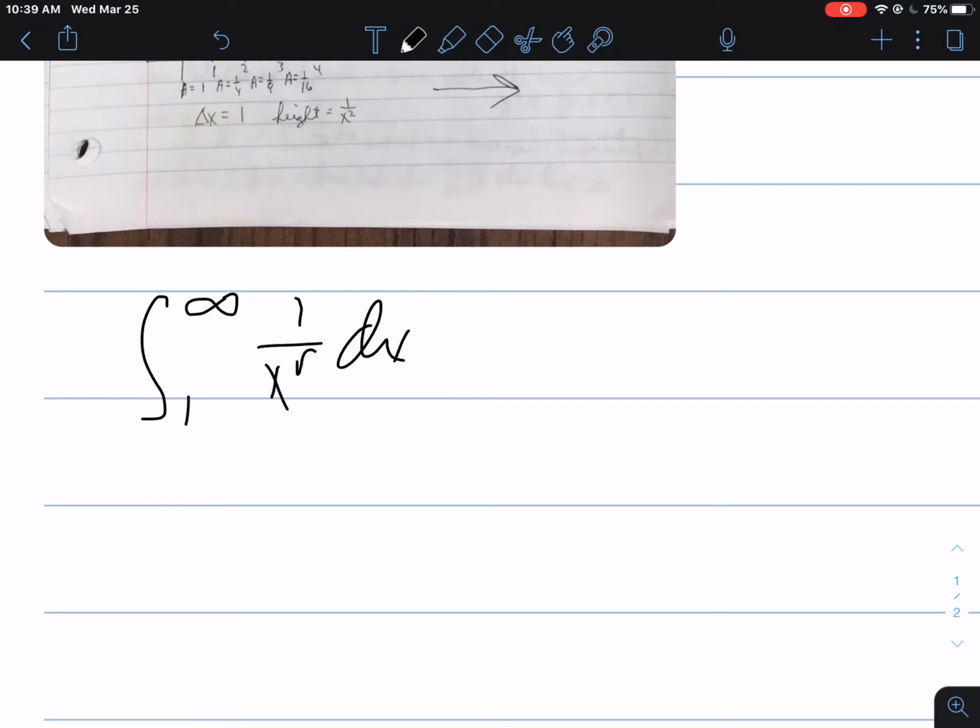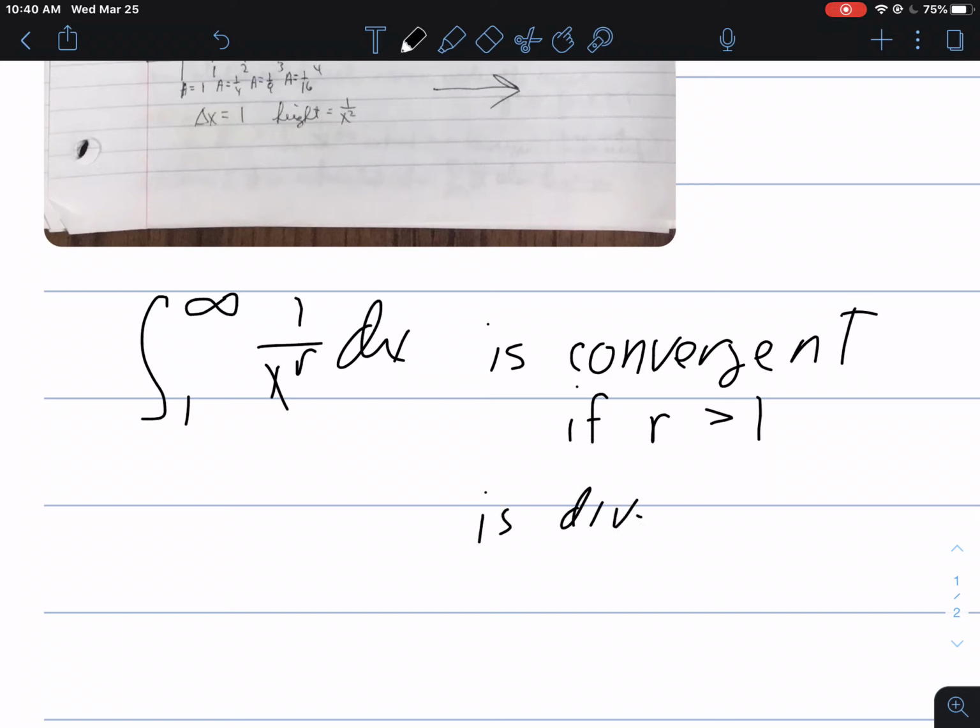But if we looked at the integral from 1 to infinity of 1 over x to the r, we showed that this was convergent if r was greater than 1. And we showed that this was divergent for r values less than or equal to 1.